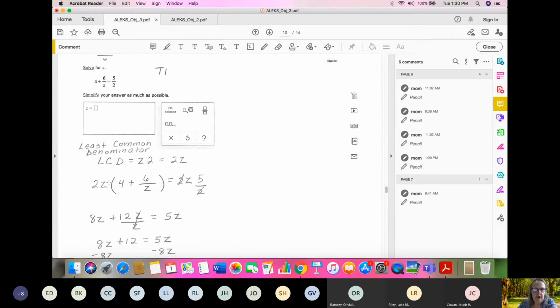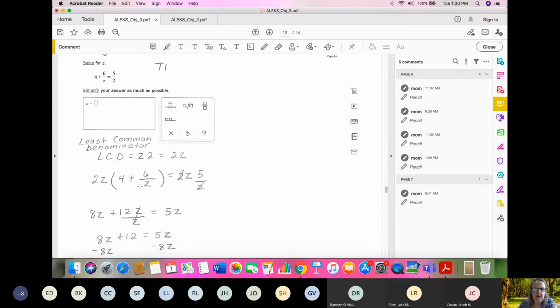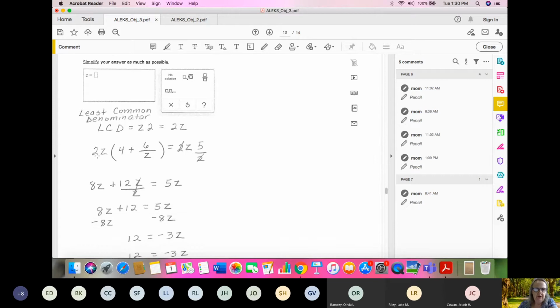So now, multiplication over addition, distribute. So this is 2z times 4. 2 times 4 is 8z. Plus 2 times 6, 12. This z is going to end up upstairs, so we're going to have a z up here, divided by this z.